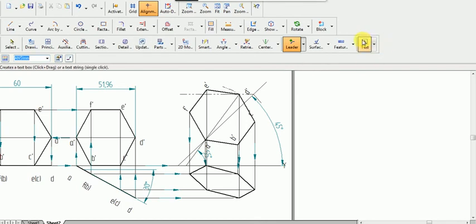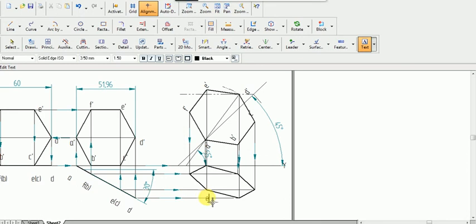Write the text command. Text: this is E, this is D, this is C, this is B, this is A, this is F. Thank you.